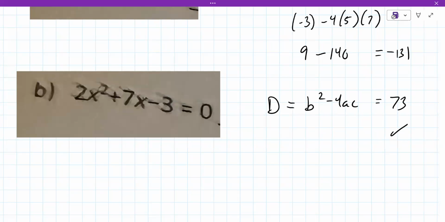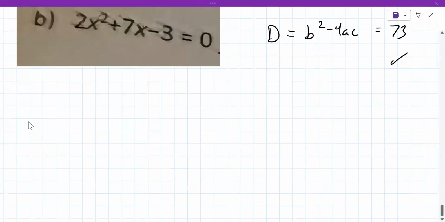I know these are a little painful to do, but this is good practice. C does not have any manipulation.